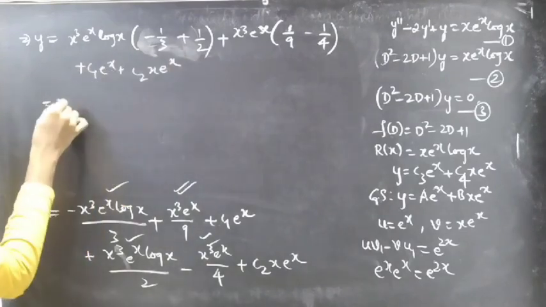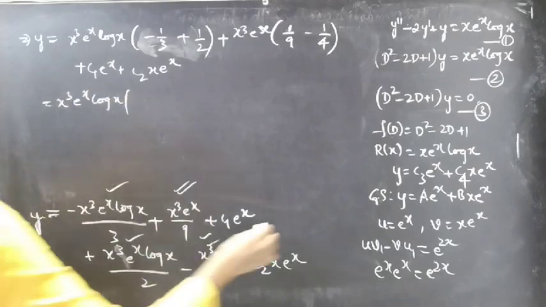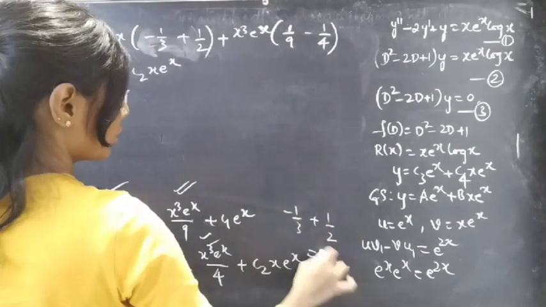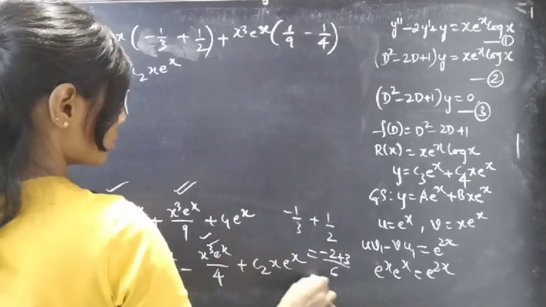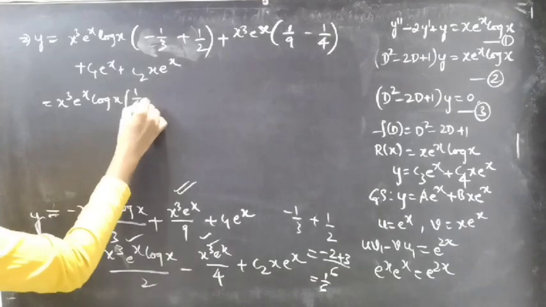This gives us x cube e power x log x of minus 1 by 3 plus 1 by 2, which is minus 2 plus 3 by 6, which gives us 1 by 6, right?